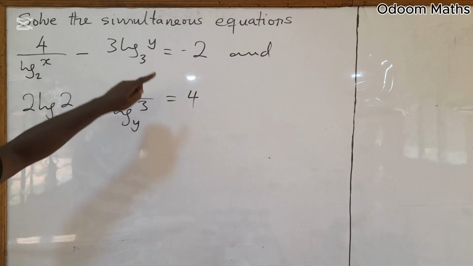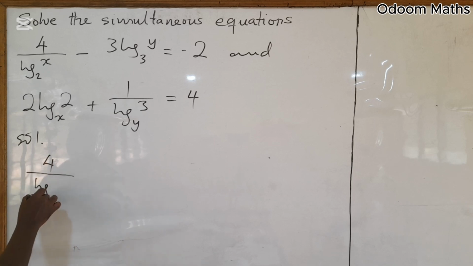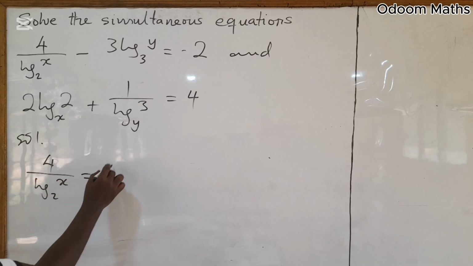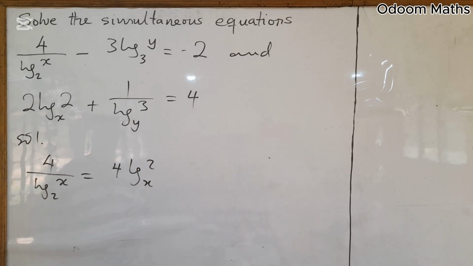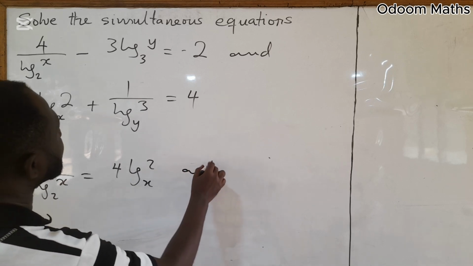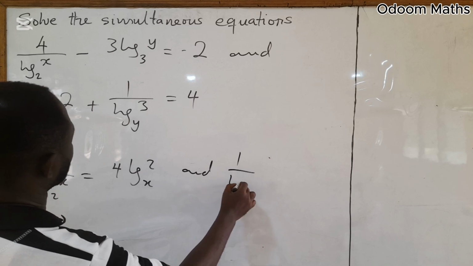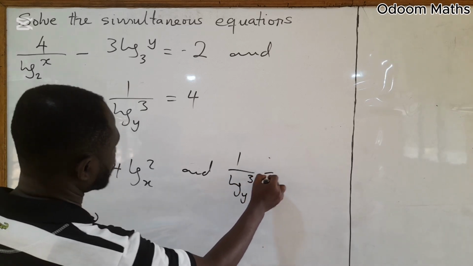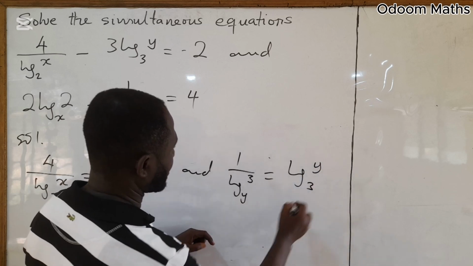From this first equation, 4 over log x base 2 is the same as 4 log 2 base x, from change of base. Then 1 over log 3 base y is also the same as log y base 3.